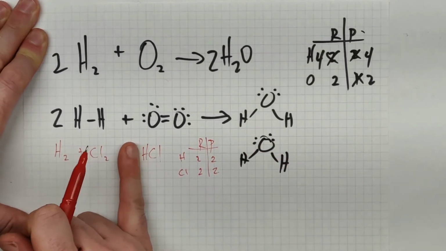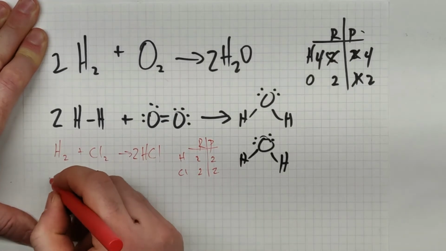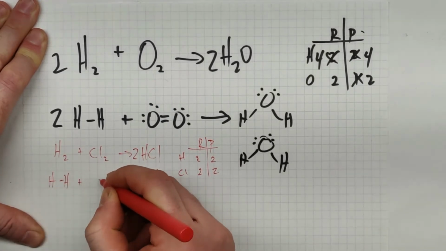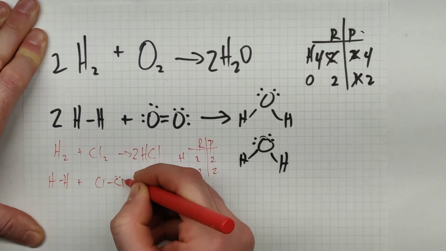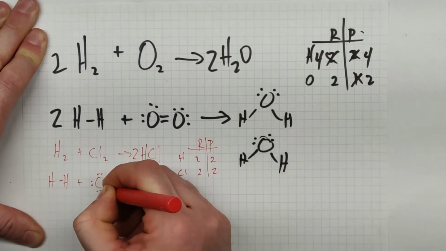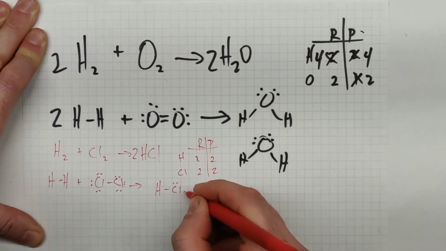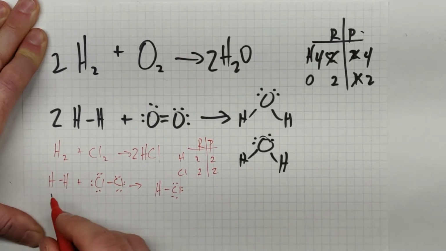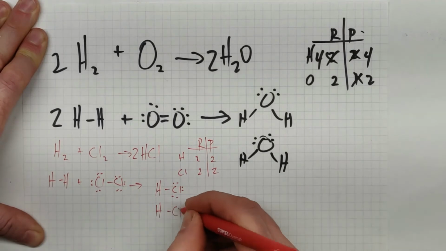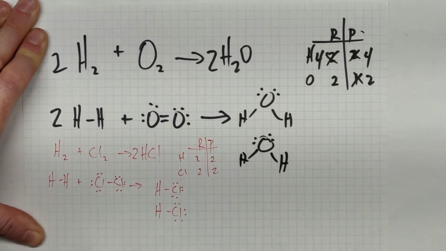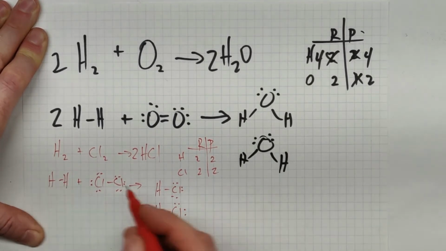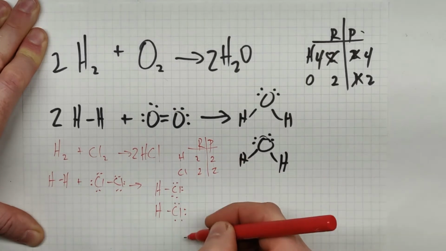It's not that we made 1 HCl. We've got hydrogen and chlorine with chlorine. And we're going to make a hydrogen with a chlorine. And we've still got another hydrogen and another chlorine. All right? So in this particular case, 2 hydrogens, we used them both, 2 chlorines, we used them both.